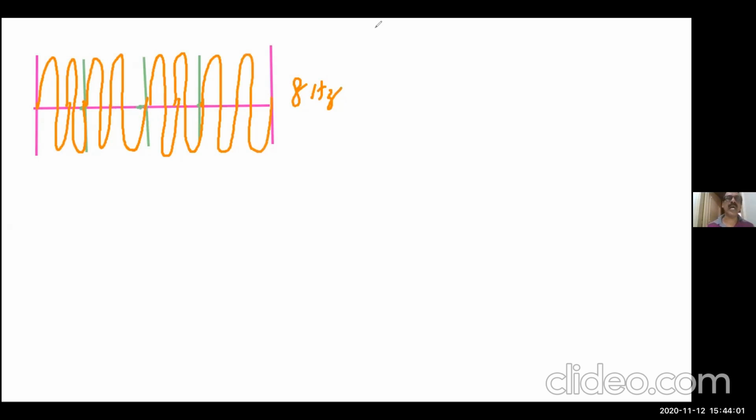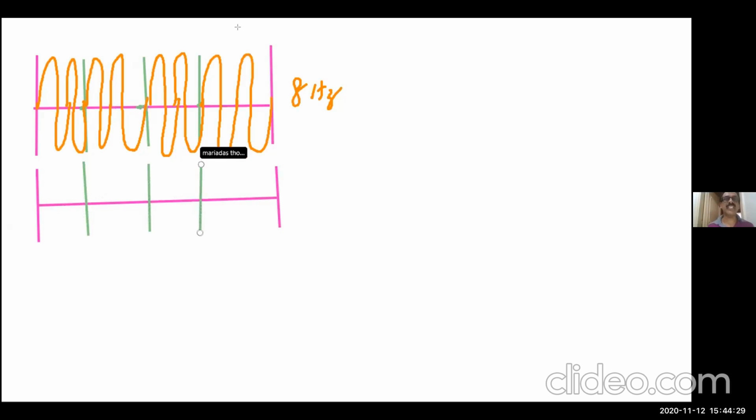Now I'm taking another source, same length. They are traveling in the same direction. This I'm going to divide into the same 4 segments.